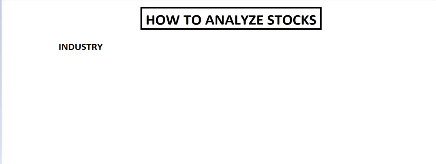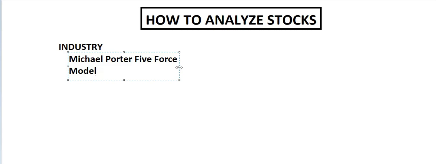So before investing in any stock, it is very important to understand which industry the company belongs to, and then analyze the industry. In industry analysis, we have parameters such as Michael Porter's Five Forces model.